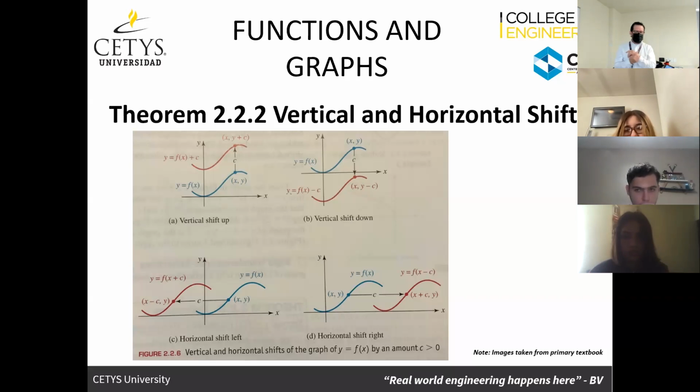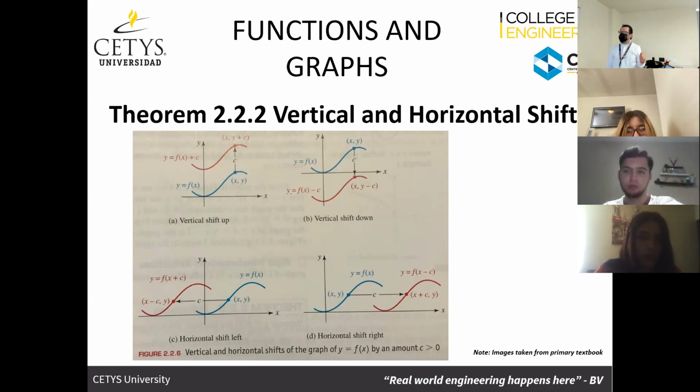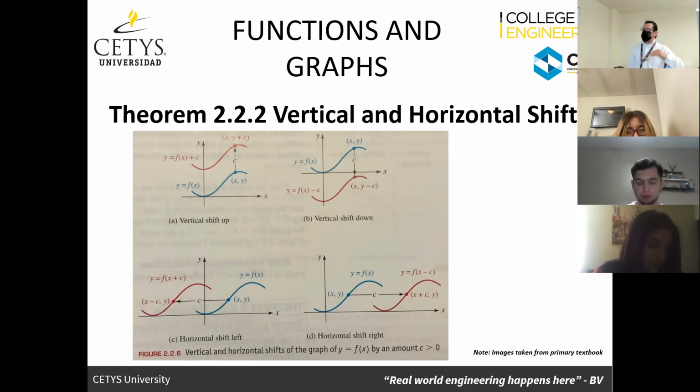And like Arturo mentioned, the hack is to just remember that the value we are adding or subtracting is going to be the y-intercept. Now, if within the function we add or subtract a number, then we're going to get a shift left or right. And that shift left or right is going to be the x-intercept.